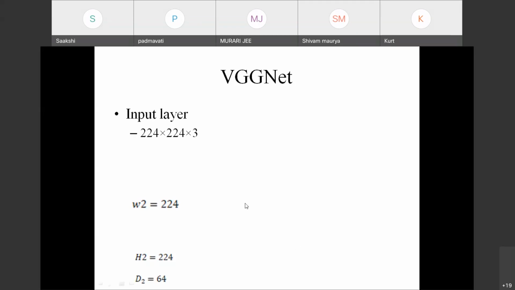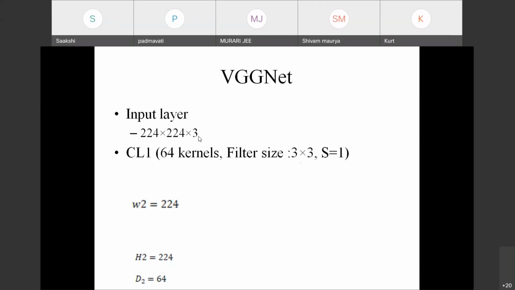What is the size of the input layer? The size of the input layer is 224 cross 224 cross 3. The depth of the input image is 3. We will be applying 64 kernels, and the size of each kernel is 3 cross 3.